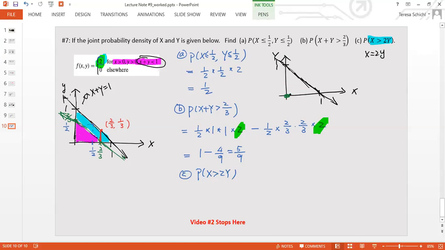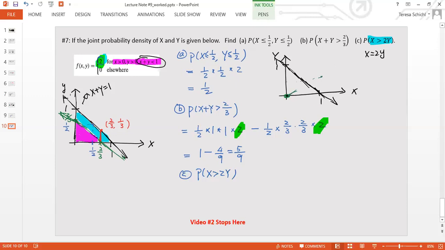You want to find where they intersect. When y equals 1/2, then x equals 1. So here you have this point.